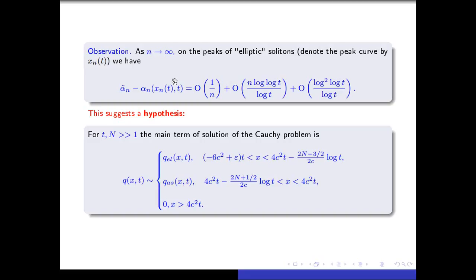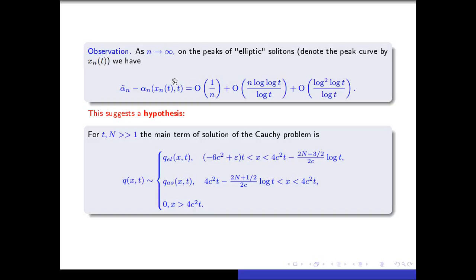If n and t tend to infinity simultaneously, this suggests a hypothesis that Q elliptic and Q are close to each other for both n and t large.